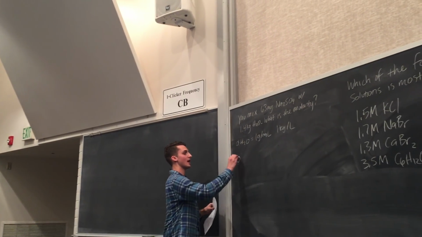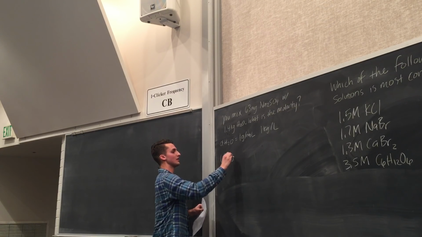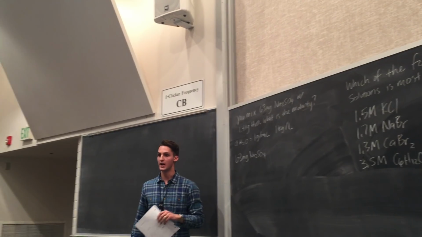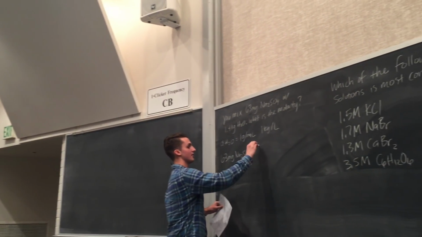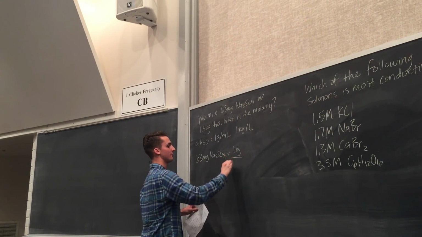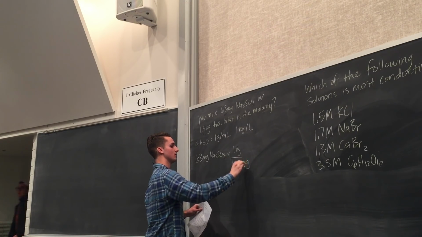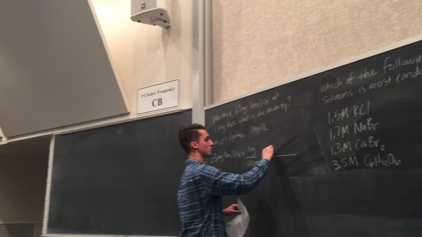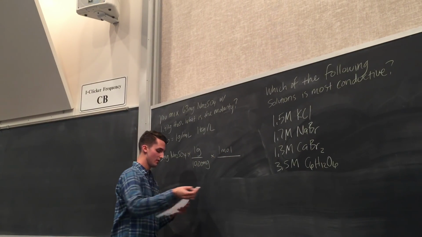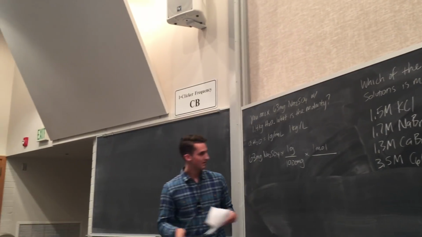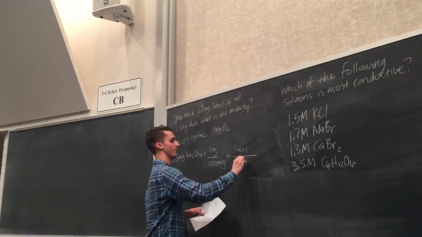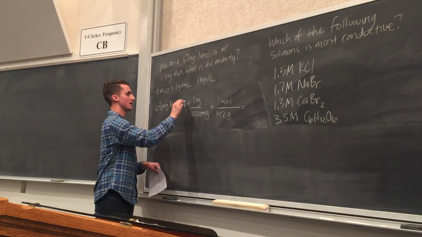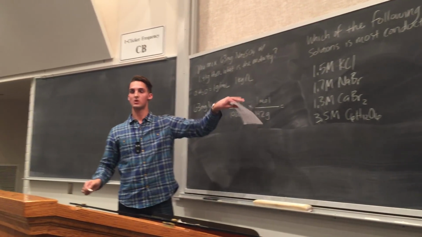Starting out, just start with your given: 63 milligrams of sodium sulfate, and I want to convert this into grams. There's 1 gram for every 1,000 milligrams. And then we can convert that to moles. There's 1 mole of sodium sulfate, and the molar mass is 142 grams. So our grams cancel, our milligrams cancel, and we're left with moles of sodium sulfate.